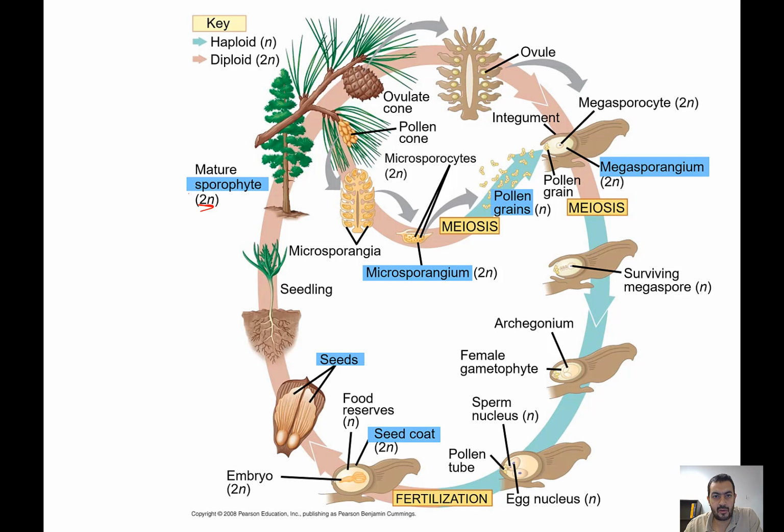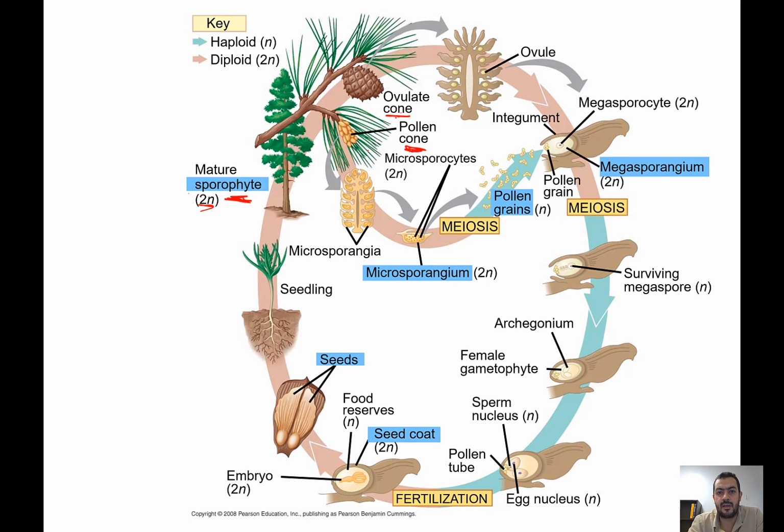And let's start with the life cycle. So as we said, if we start here, we see that we have the mature sporophyte. This is the dominant stage. And one important thing is that we actually have two types of cones. So we have the pollen cone and the ovulate cone. And this is the reason for having the heterospority.